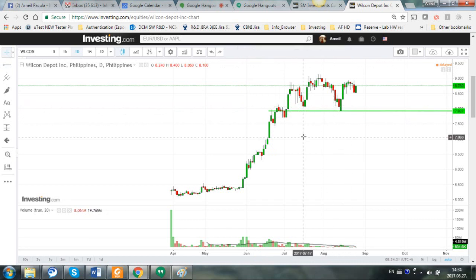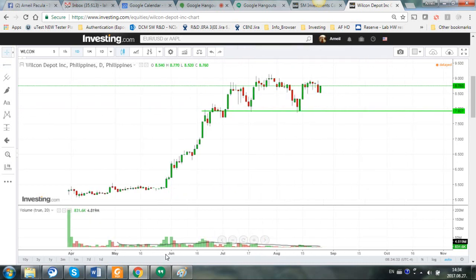So yan, that is our support. Common point here and here. And actually here, this part here, kita mo, this is actually a previous resistance. Kasi upper part siya, di ba? So previously, nandito yung support line natin.